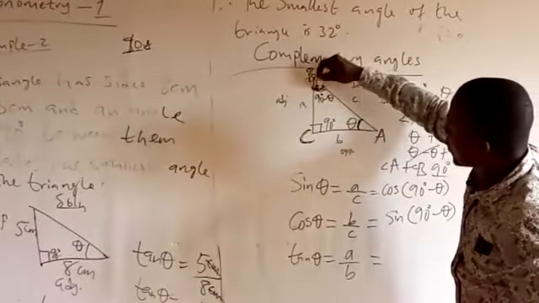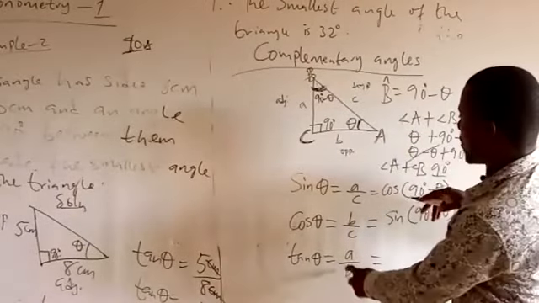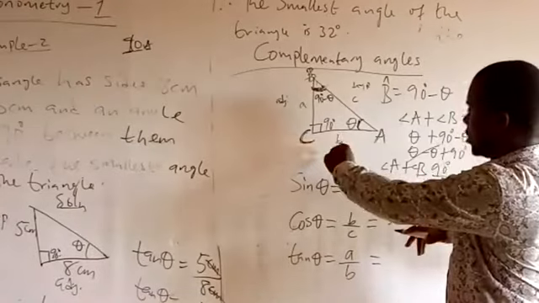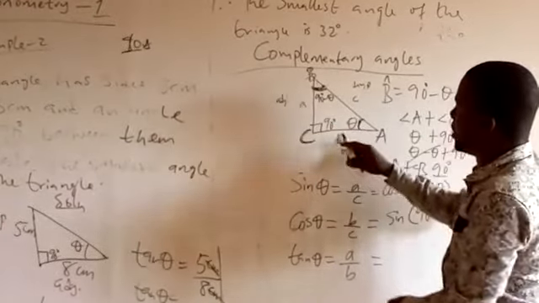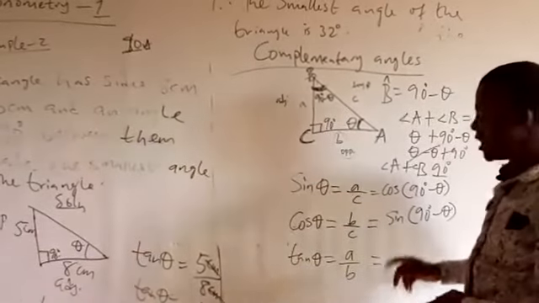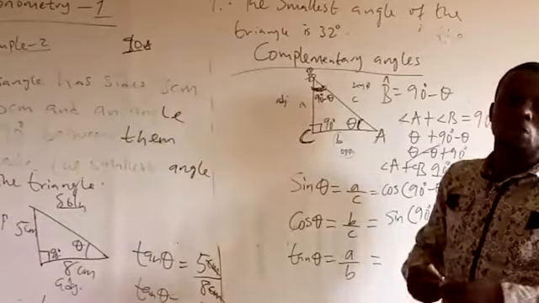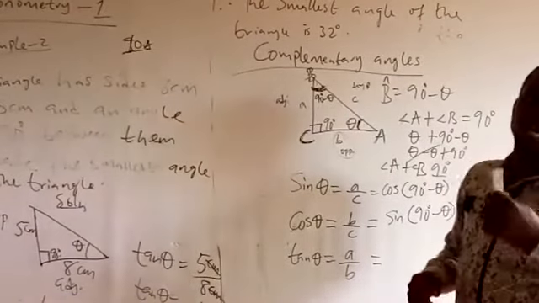Then lastly, if I should consider tan theta, which is opposite over adjacent. The tan of this very one, the tan is our A over B. A is adjacent and B is opposite. It's like the inverse of tan, the reciprocal of tan. By the time you get to SS2, they teach you inverse of tan, inverse of cos.